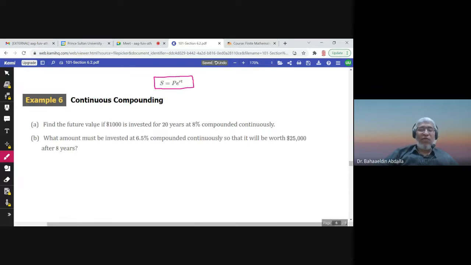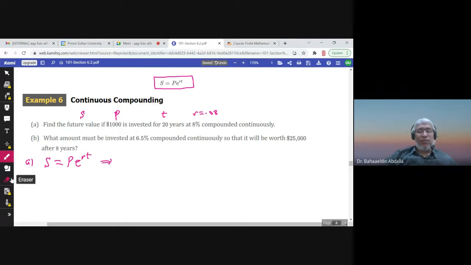So find the future value, that's S, if 1000, that's P, is invested for 20 years, that's T, R equals 0.08 compounded continuously. Once he says compounded continuously, the formula is S equals P e to the power RT.